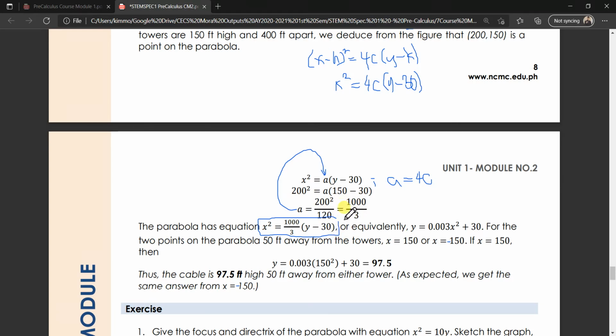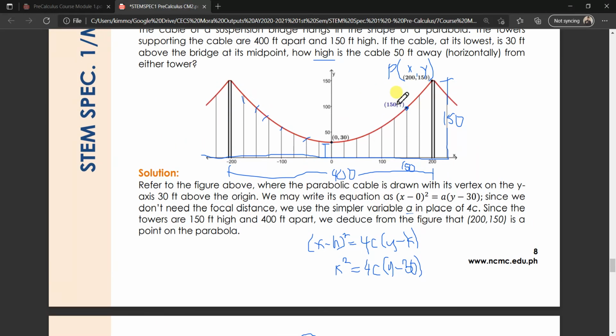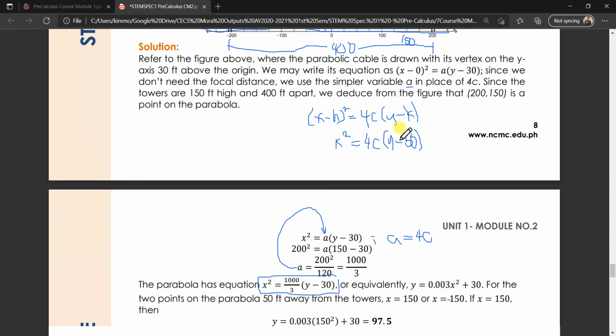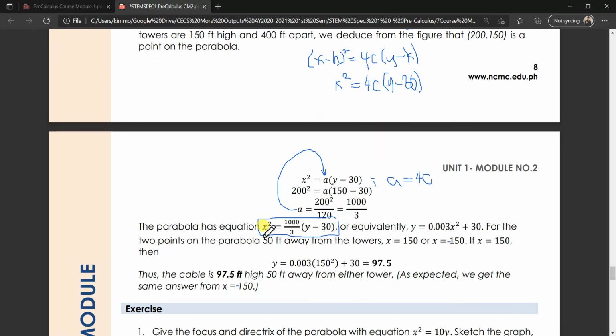But sa atong problem, ang gipangita is what is the height of our cable at the distance 150, or that is 50 feet away from our tower. So mao na siya ang atong problem. So since nanata na x, so all we need to find is our y. So just substitute the value sa atong x there, that is equal to 150.